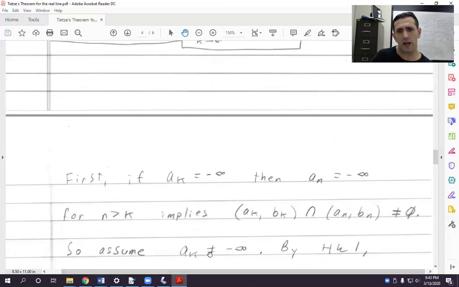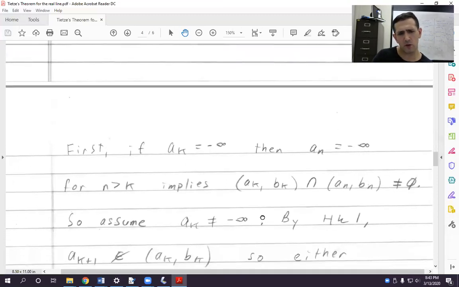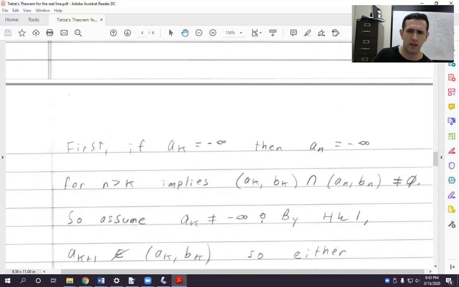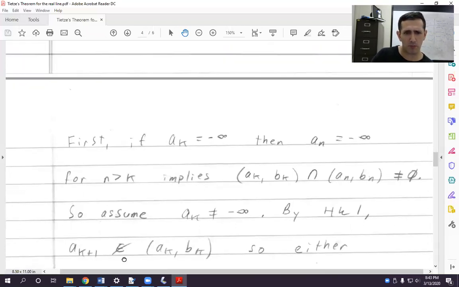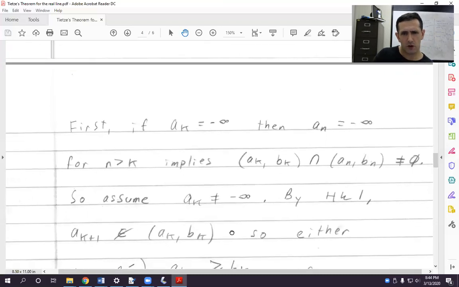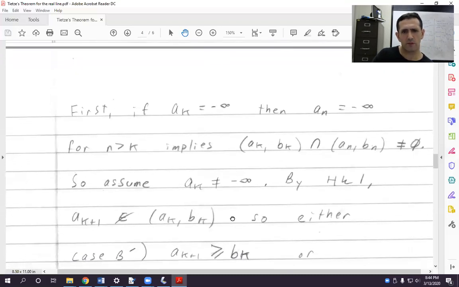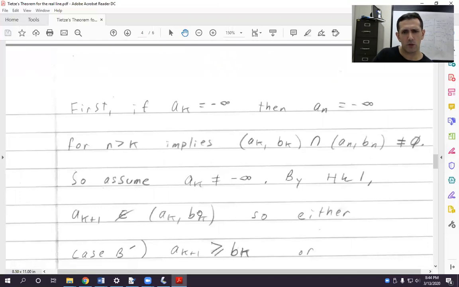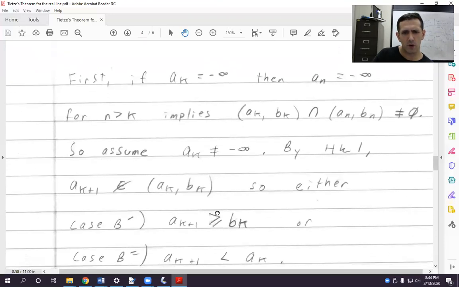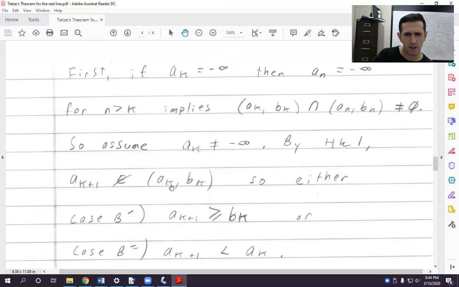Okay. So we're going to assume ak is not minus infinity. We're going to assume it's a real number. So by homework 1, I believe it's homework 1, either that or homework 2, we proved that ak plus 1 is not in ak to bk. It's not in any of these intervals, particularly it's not in ak to bk. So either that means it's bigger or equal to the right endpoint, or it's less than or equal to the left endpoint.